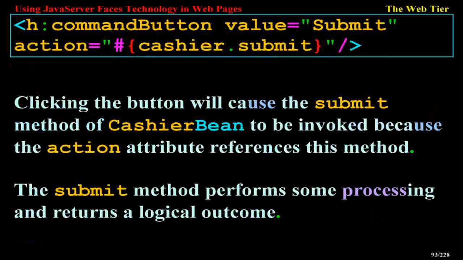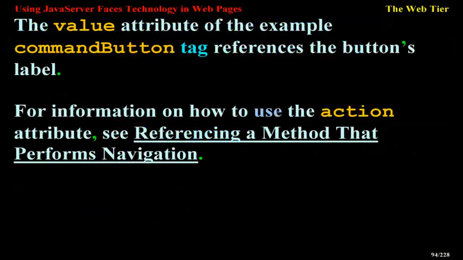Clicking the button will cause the submit method of the cashier bean to be invoked because the action attribute references this method. The submit method performs some processing and returns a logical outcome. The value attribute of the example command button tag references the button's label. For information on how to use the action attribute, see referencing a method that performs navigation.